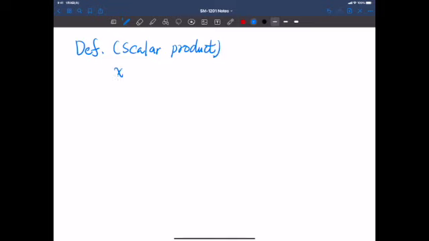Okay, let's say x and y are row vectors.